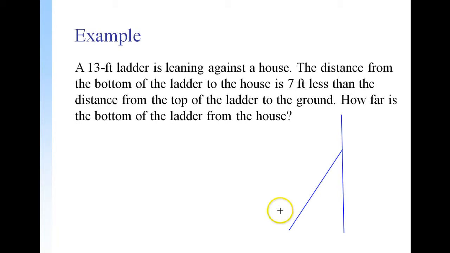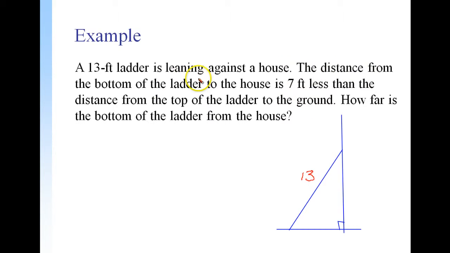And then we have the ground, of course. And there's our right triangle. So these are legs. And we know the length of the hypotenuse. The length of the hypotenuse is 13 feet.